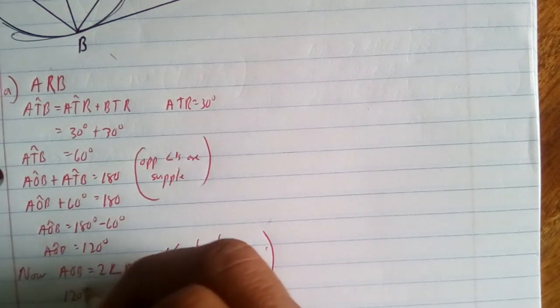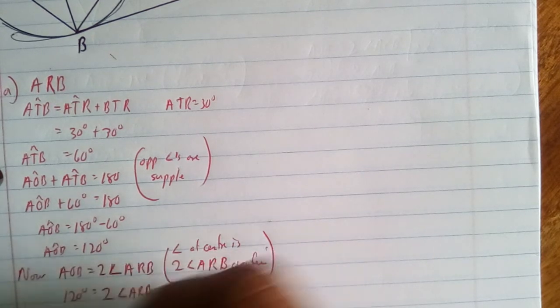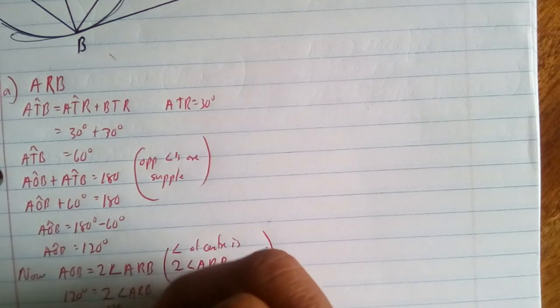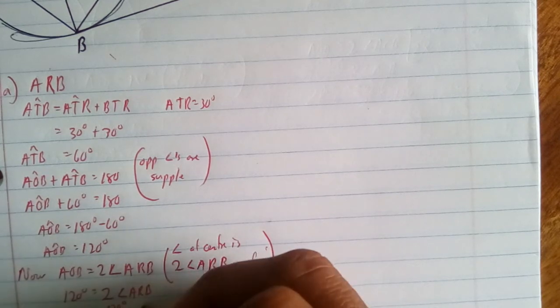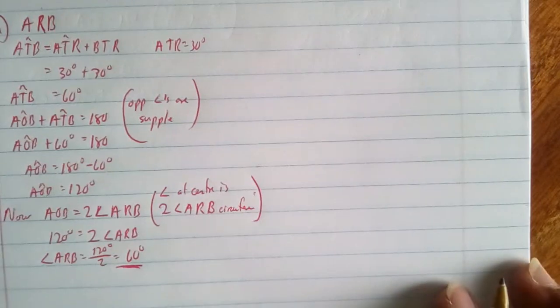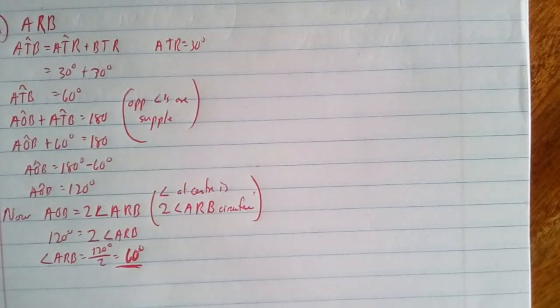We have 120 degrees equals twice the angle ARB. So angle ARB equals 120 over 2, which is 60 degrees, and we finish with that first one. That's how we get 60 degrees. It may not look like 60 degrees, but don't worry, the whole concept is there for us to be working with.